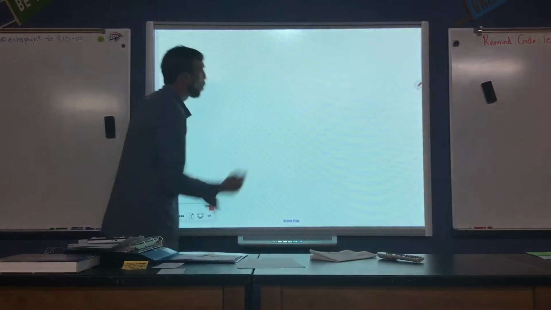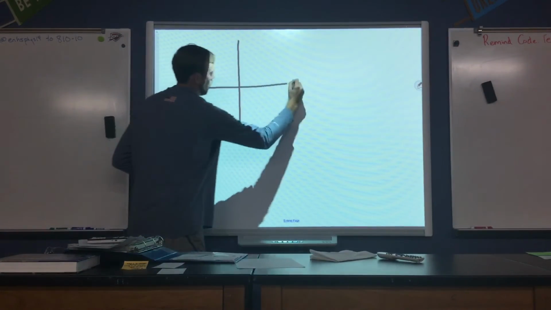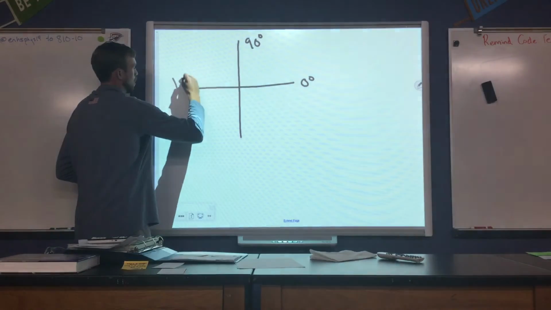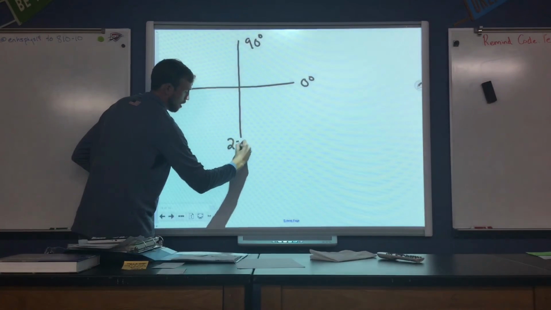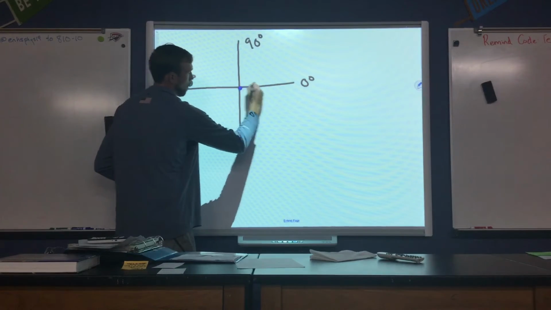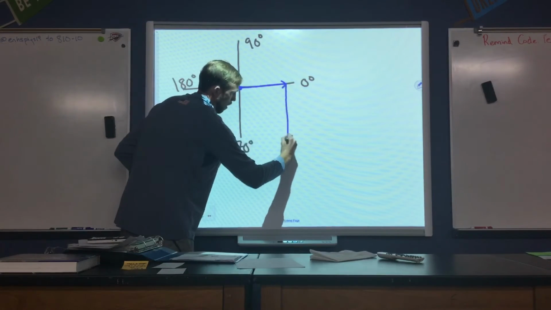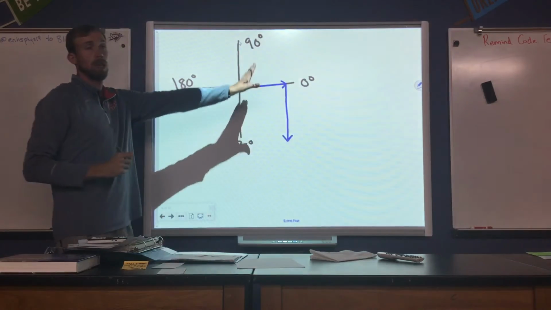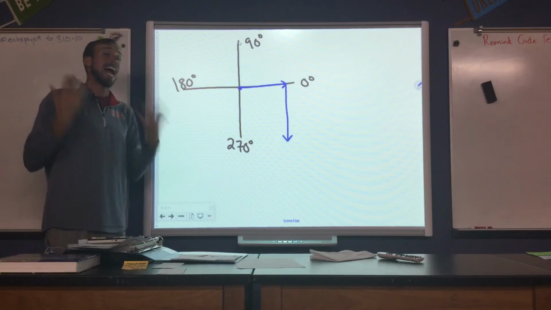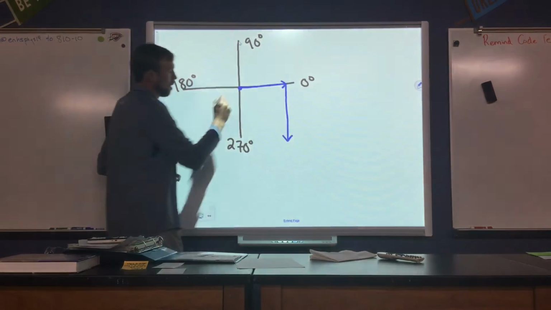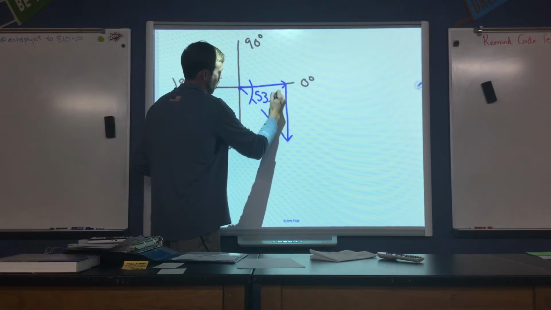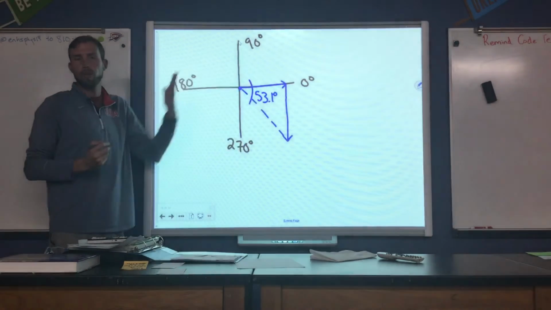I want you to think about our coordinate plane here. 0, 90 is straight up vertically. To the left is 180. This is 270. So if we start at the origin, we go to the right, and then we go down. That's going to tell us we're in quadrant number 4, which means our angle shouldn't actually be 53.1 degrees. It's just 53.1 degrees relative to straight east, or to the right.